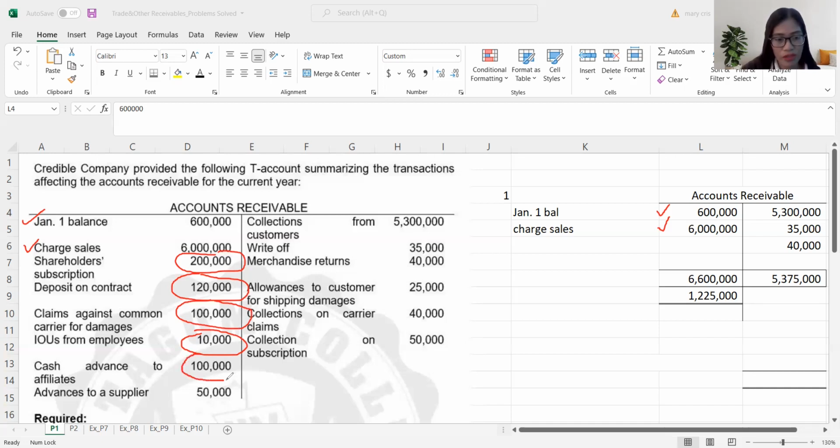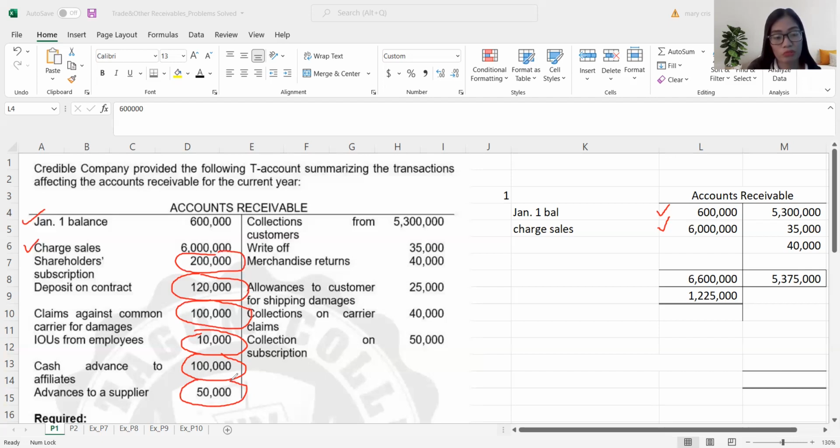Also, the cash advance to affiliates should not be part of our accounts receivable because obviously this is a non-trade receivable which should have been recorded separately as advances to affiliates. Next would be advances to suppliers. Same thing, this is also a non-trade receivable which should have been recorded separately.